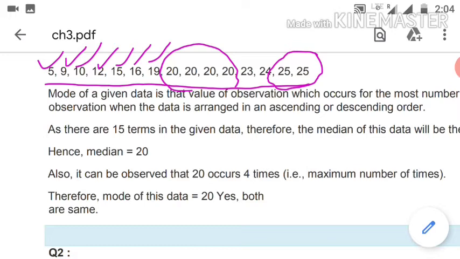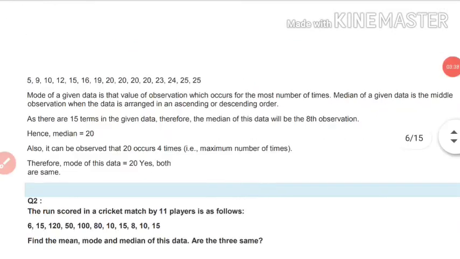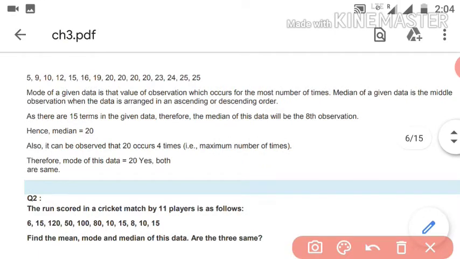Now which value occurs many times, that number will be what? Mode, isn't it? So the mode of the given data is that value of observation which occurs the most number of times. The one that occurs most is 20, isn't it? So 20 will be the mode.